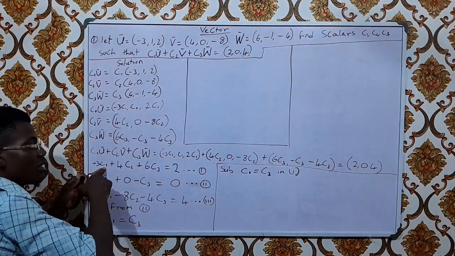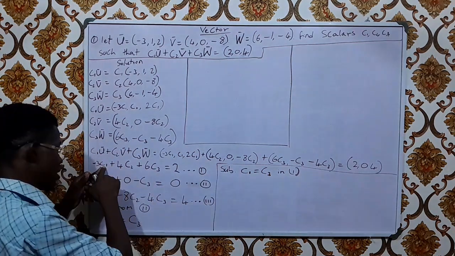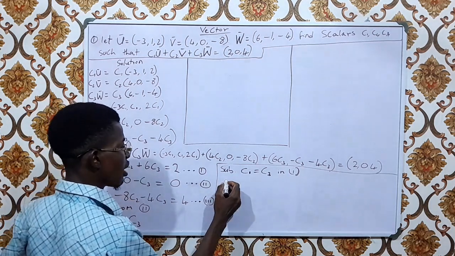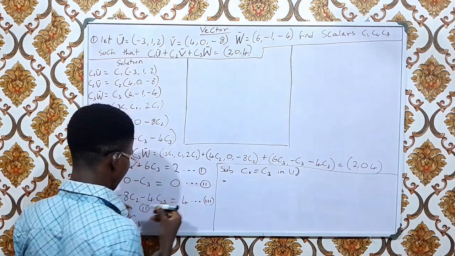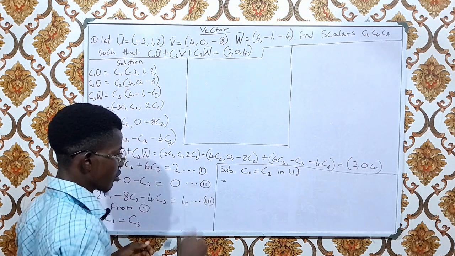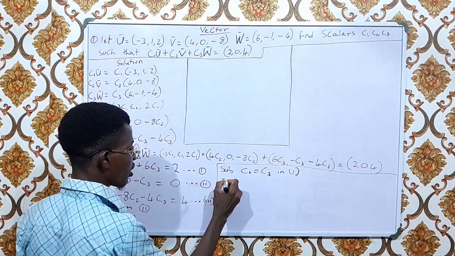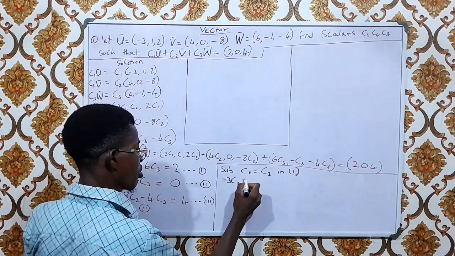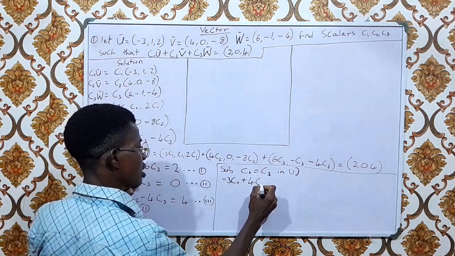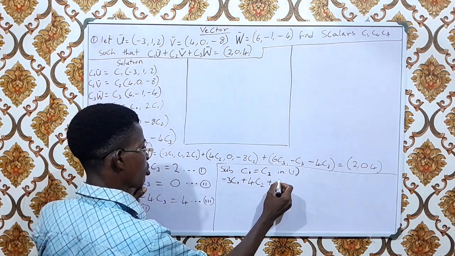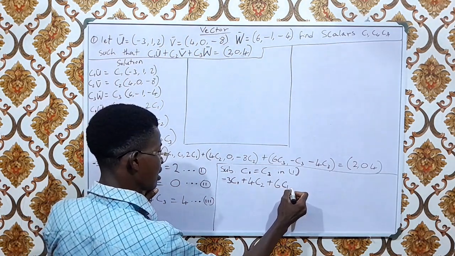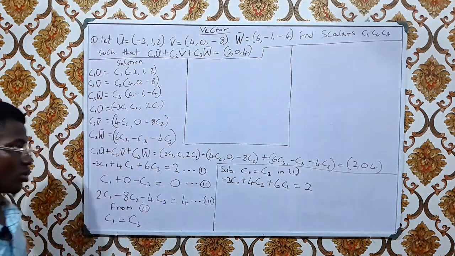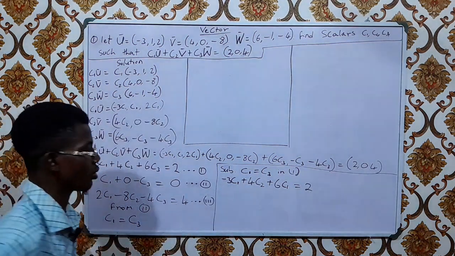Or even we can remove C1 and put C3, but no problem, let's remove C3 and put C1. From here, we now have -3C1 plus 4C2 plus 6C1 equals to 2.